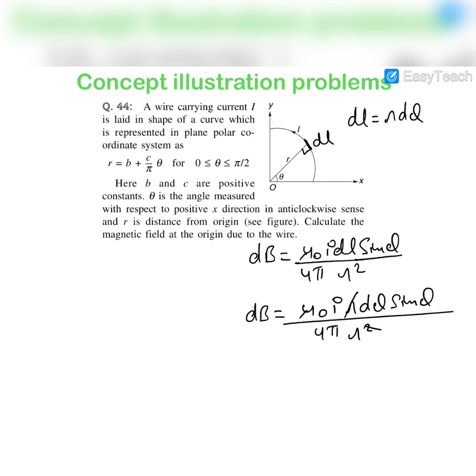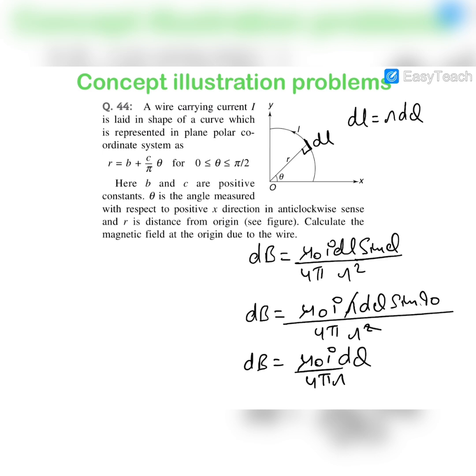Cancelling this r with r, dB will be equal to mu naught I by 4 pi r, and this is sine theta. Theta will be the angle between dl and r, and this is 90, so let us substitute the value of theta as 90, and sine 90 is 1 obviously.